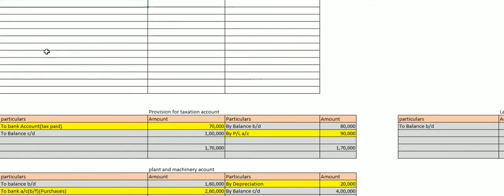So now let's start out with your cash flow statement. So your cash flow statement, first you start up with cash from operating activity. So under that we have the net profit given. So what is your net profit that is given in the question?